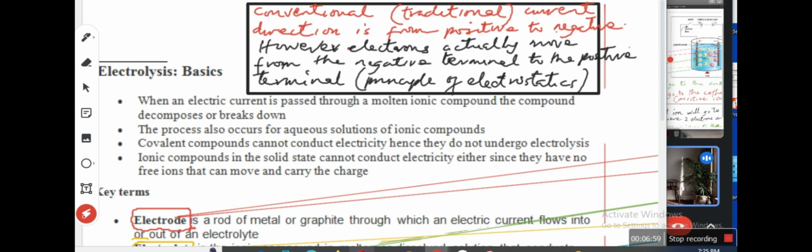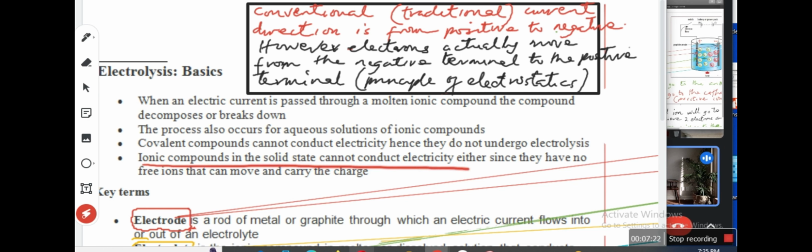And then the electric current will cause it to break down or decompose. It doesn't happen in covalent compounds because covalent compounds cannot conduct electricity, so they cannot undergo electrolysis. And don't forget that ionic compounds in solid state also cannot conduct electricity.